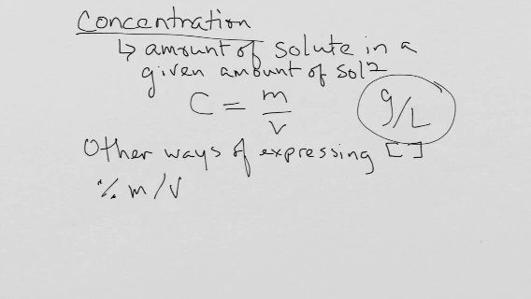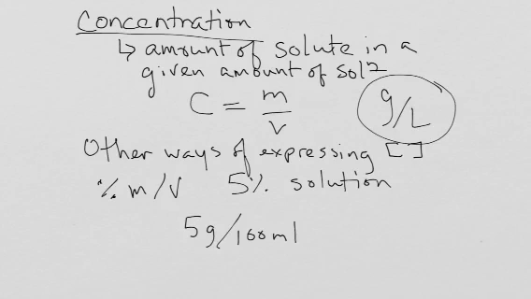So in this case, if I say that I've got a 5% solution, what I'm actually saying is that I've got a solid solute, because it's percent M, the mass of the solid. I've got a solid solute, so I've got 5 grams of solute in 100 milliliters of solution.